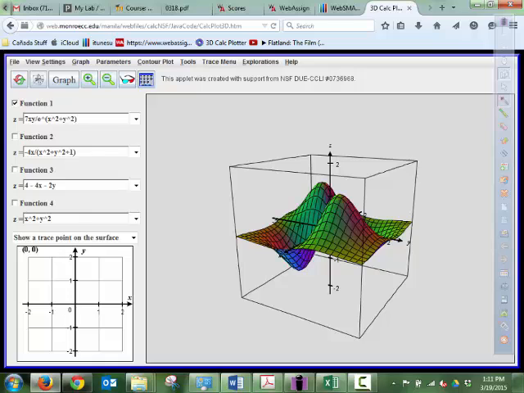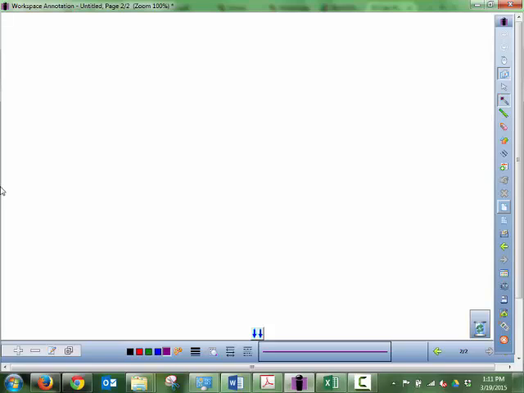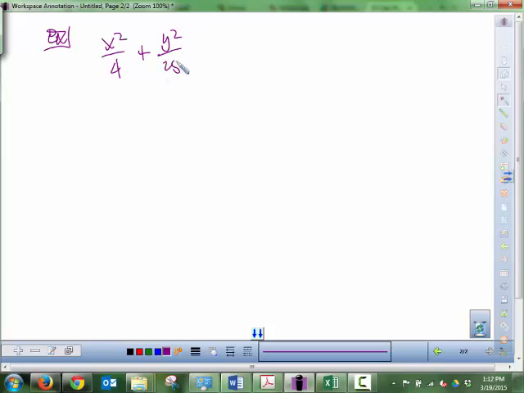So the first thing I would like to do is to come up with a level surface. One of those popular level surfaces would be ellipsoids. So for example, x squared over 4 plus y squared over 25 plus z squared is equal to 1.